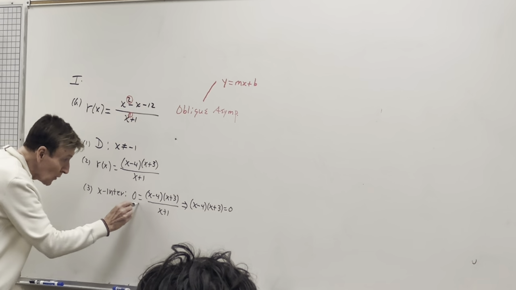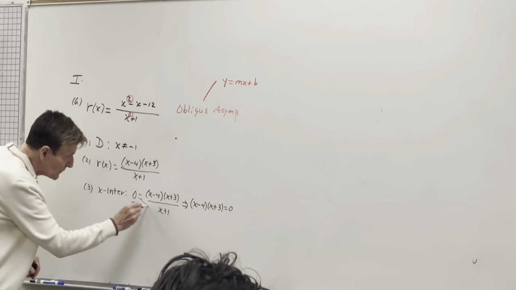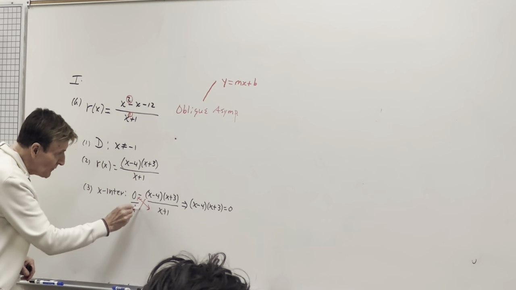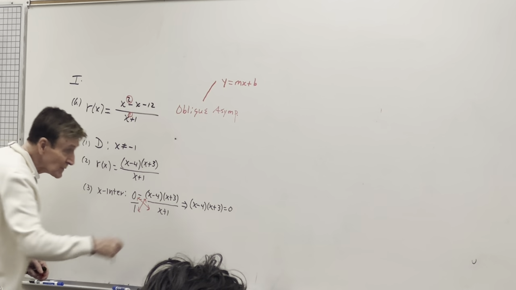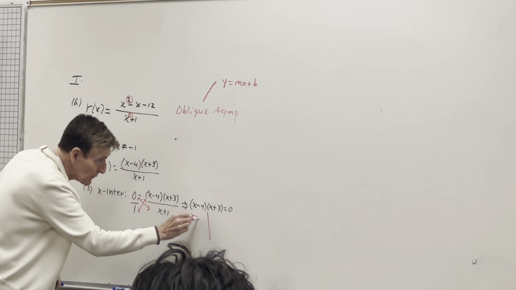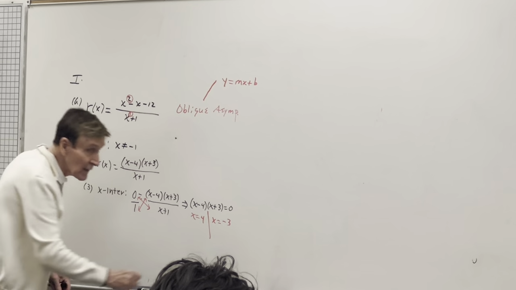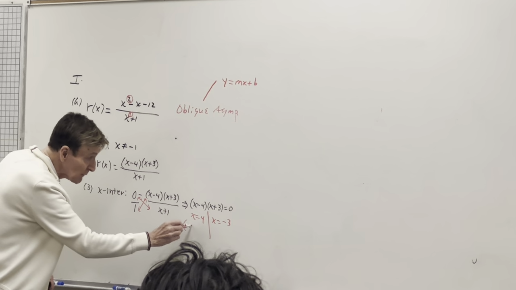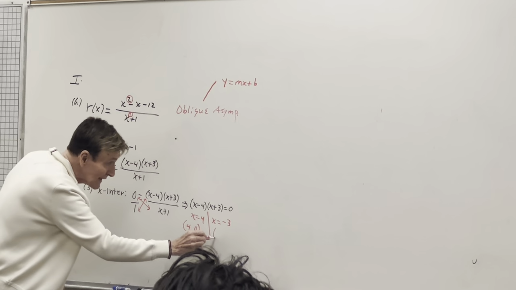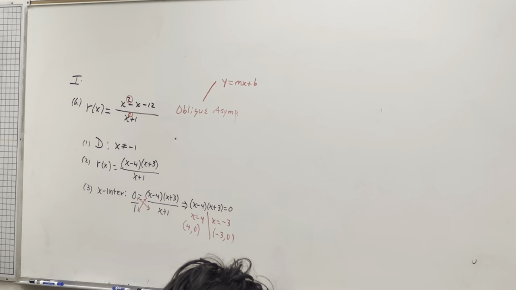And we'll put the 0 over 1 and cross multiply, it's up to you. You'll get that. Split this up, and we end up with a 4 and a -3. And these are x-intercepts, so we'll write them, guys, as (4, 0) and (-3, 0). Do we agree?